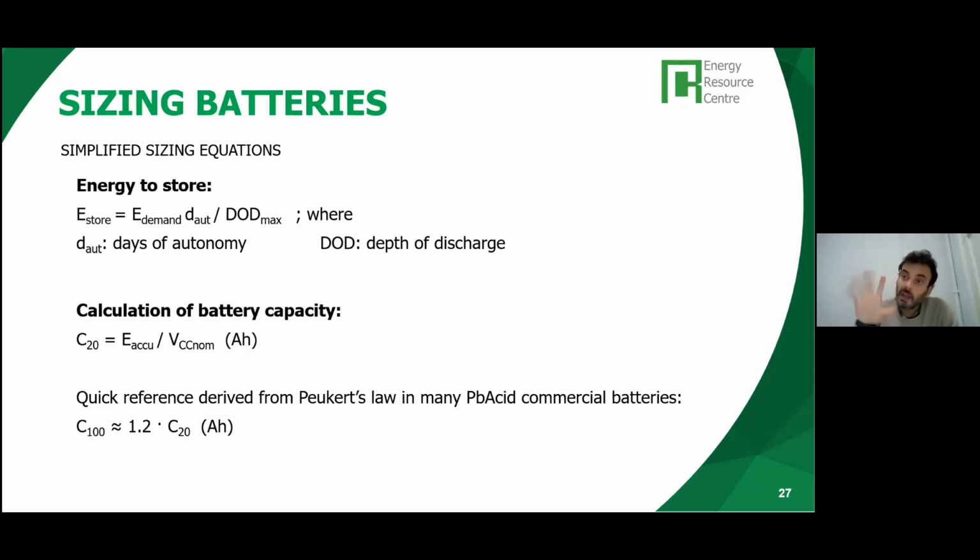If we want to know the capacity over 100 hours of discharge by using Peukert's law, and this is a simplification, but it's a good rule of thumb, to convert the capacity at 100 hours of discharge to the capacity at 20 hours of discharge, you can use a factor of 1.2. This is important because when you buy batteries or check batteries from manufacturers, you need to make sure which capacity you are talking about.